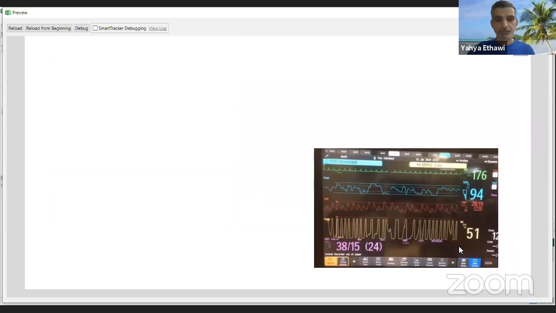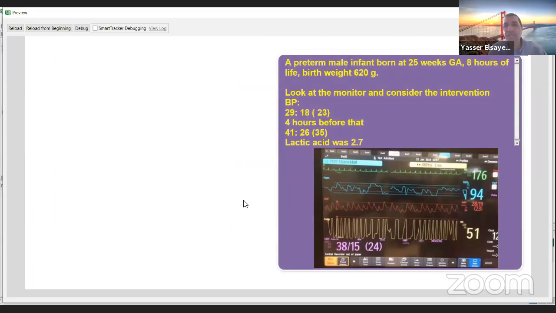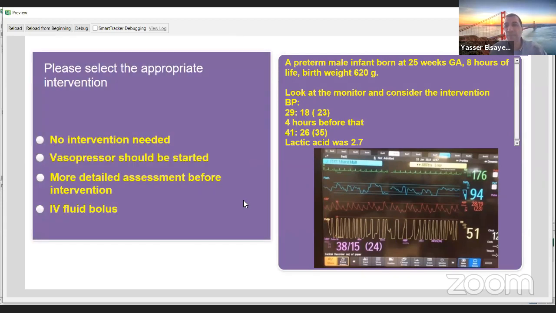Okay. So let us see the second case, which is another challenging case, with a different physiology. We have a preterm male infant born at 25 weeks gestational age, 8 hours of life, with birth weight 620 grams. When you look at the monitor with me and consider what could be the intervention, you have a blood pressure of 29/18, mean of 23. Remember, 25 weeks gestational age, 8 hours old, first day of life.